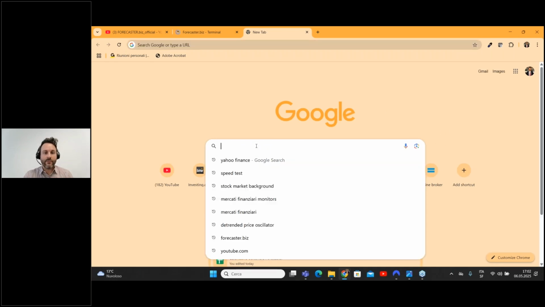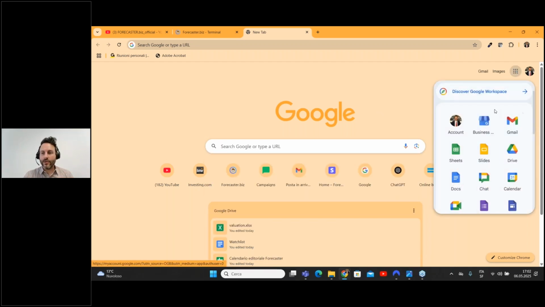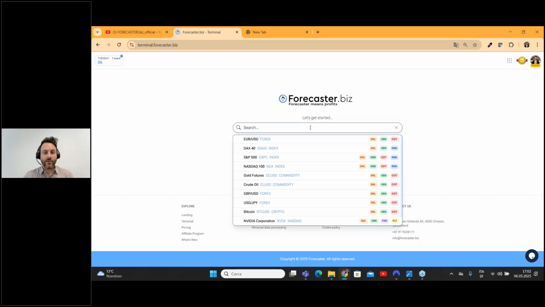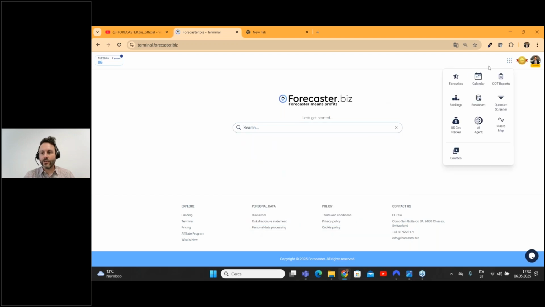As you can see, you have a search bar where you can type something, and you can also use all the tools from Google. Exactly what you can do with the Forecaster Terminal, because you can go directly here on the search bar where you can find all the financial instruments, and of course you can go here and, exactly like Google, you can go through all the tools available in the software.